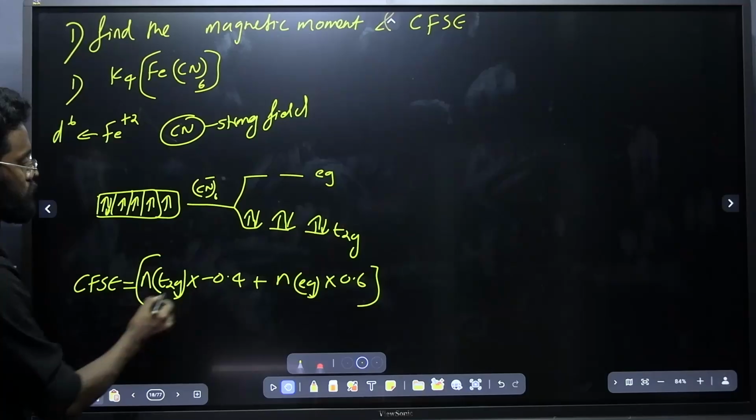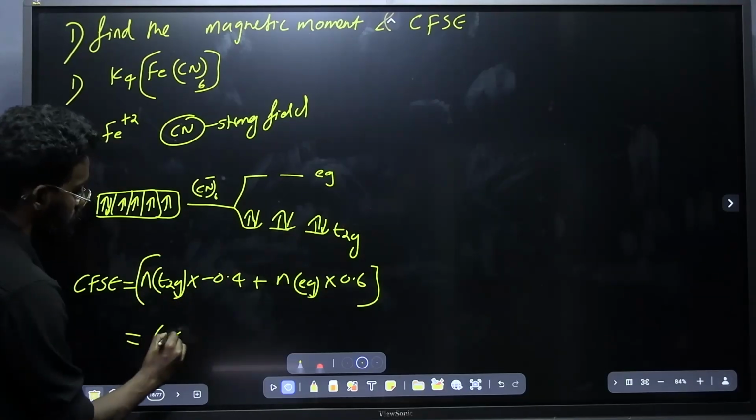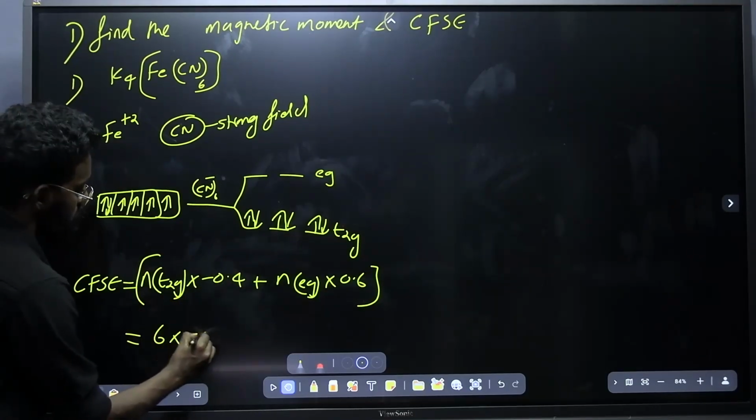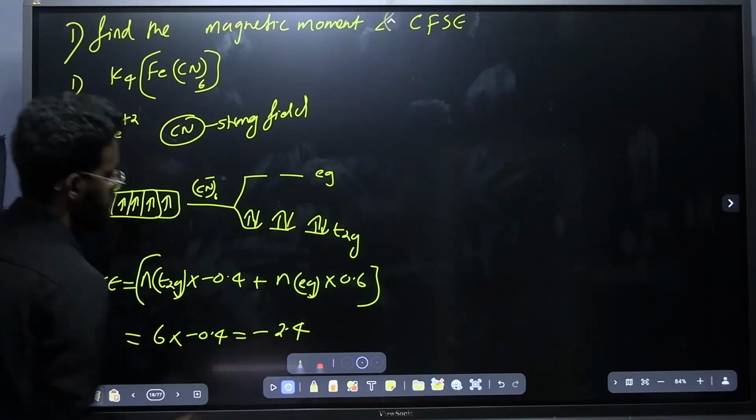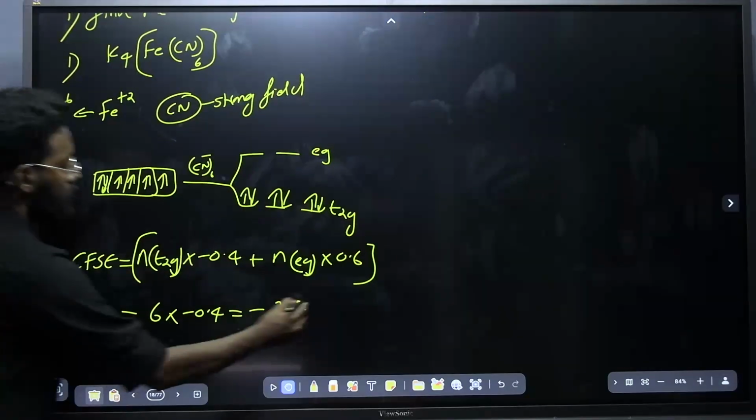So how many electrons are in t2g? 6 electrons are there. 6 into minus 0.4. What is the CFSE value? Minus 2.4. We got the CFSE value minus 2.4 plus number of pairing.